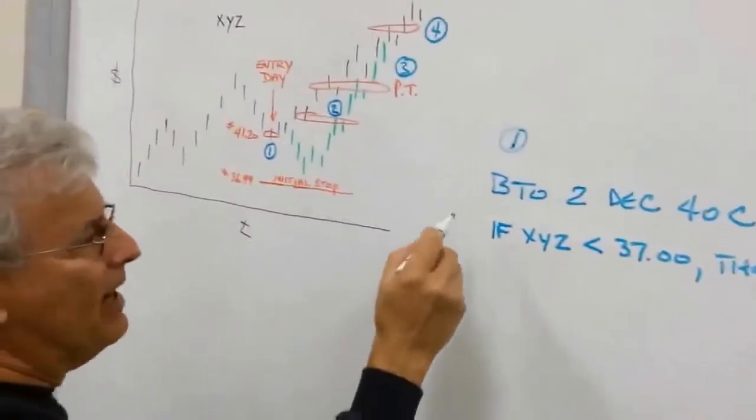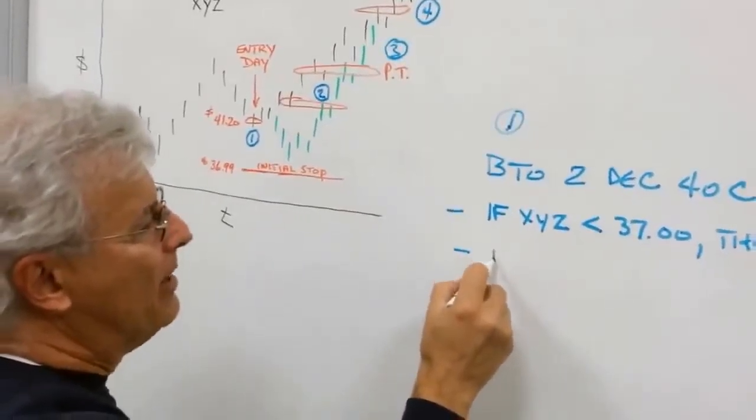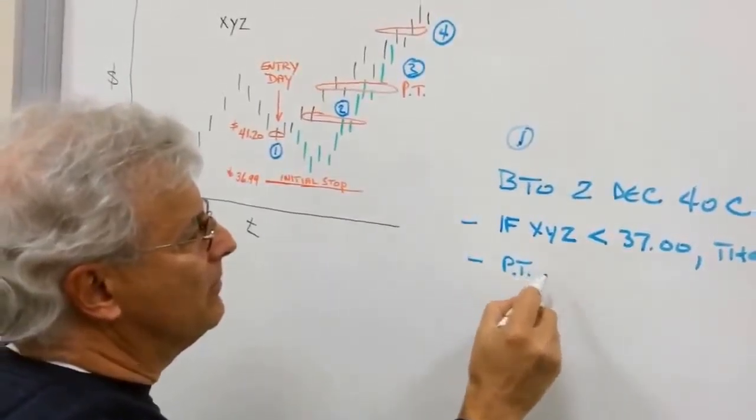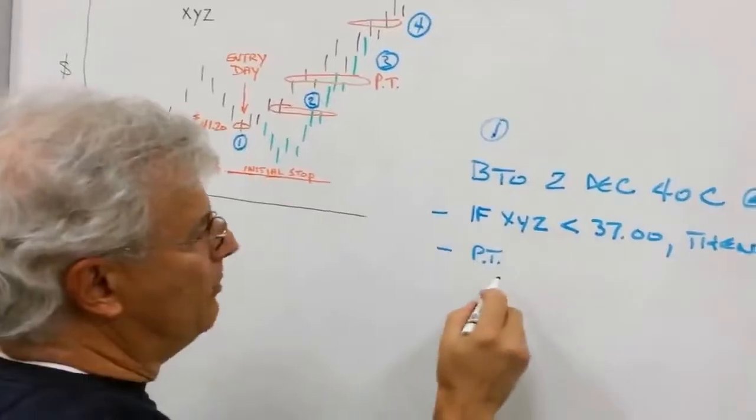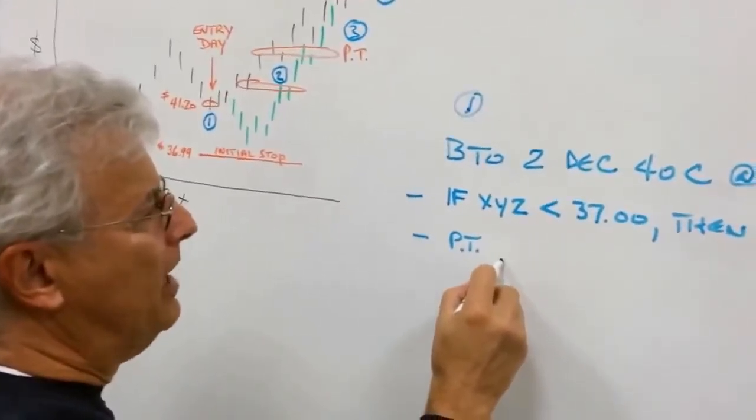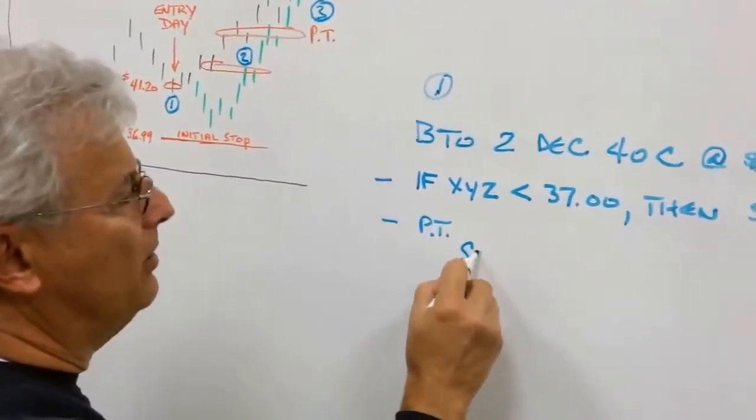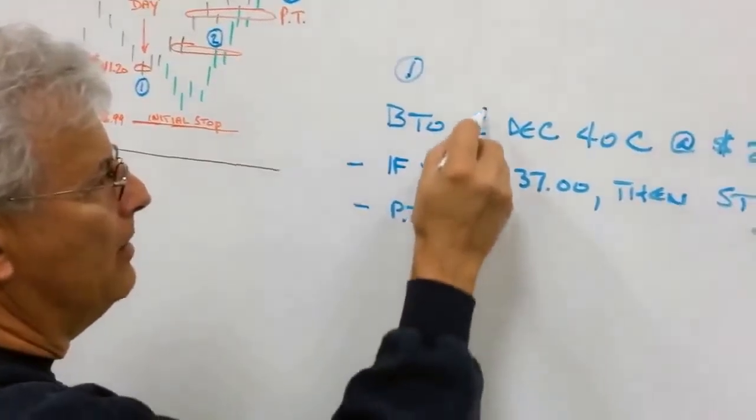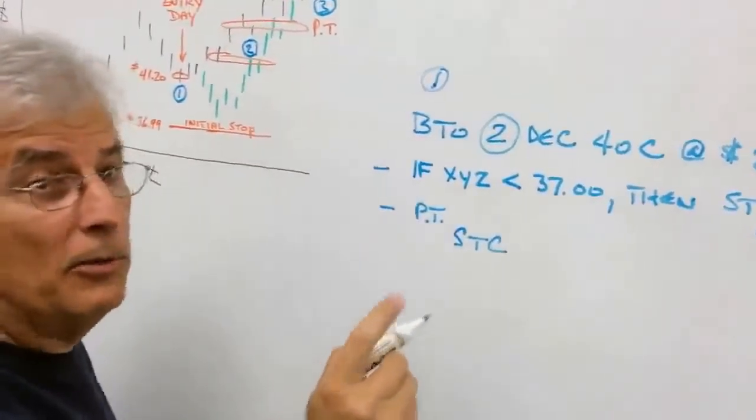Okay, now at the same time we enter the initial stop, we're going to enter the profit target. And we do that directly with the option. We're going to say sell to close. Since we are long 2, we want to sell half now.